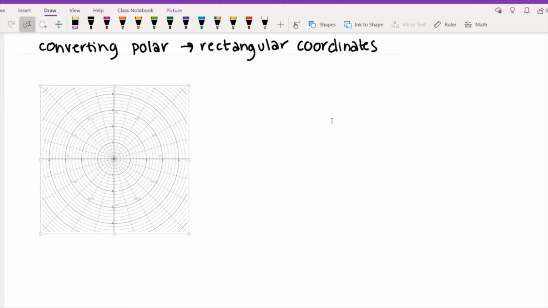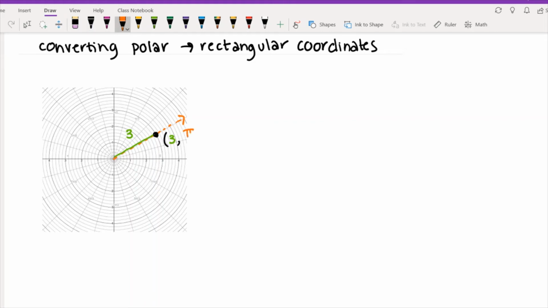How do we graph the point (3, π/6)? Well, we go to an angle of pi over 6, and that would be here. And then we go a distance of 3 along that line that I just drew. So that would put our point here. So this is 3, and this would be the point (3, π/6).